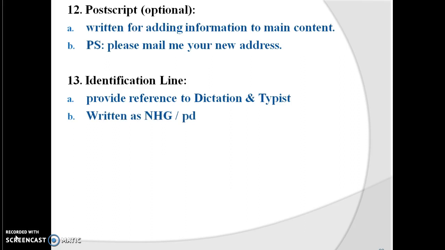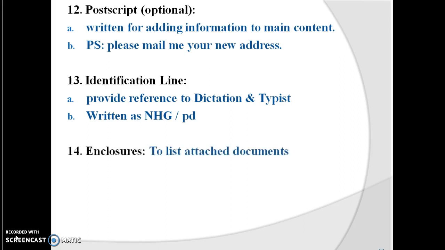That means NHG is the name or initials of the person who dictated the letter, and PD is the initials of the person who typed the letter. This is just for the sake of reference, so that accountability can be given to the person who dictated and typed it.